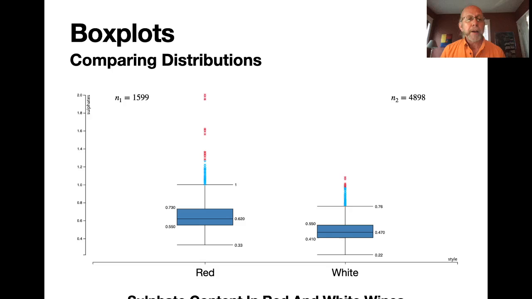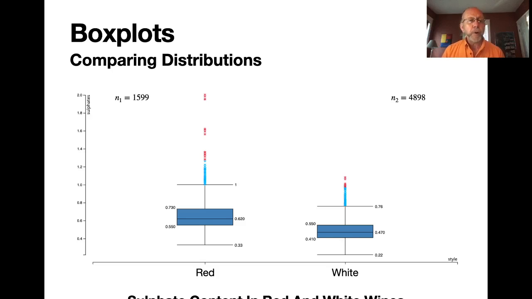Here's another set of side-by-side box plots, this time comparing the sulfate content in red and white wines. Sulfates or sulfites sometimes are added to wines as a preservative. And here you can see a different story. The distribution of the sulfate content is different between red and white wines. If you look at the middle 50%, for instance, it's higher in the red wine distribution than it is in the white wine distribution.